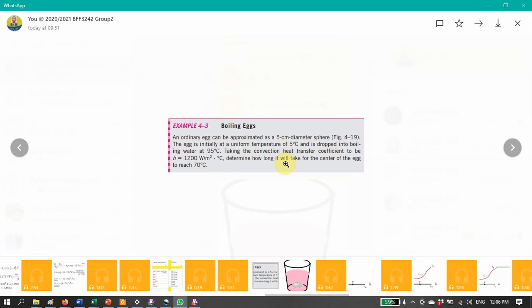So this is the criteria. If you look at the problem, we have this type of setup, and we are looking at the case when there is a change of temperature inside the domain. Then you can use this one-term approximation method.